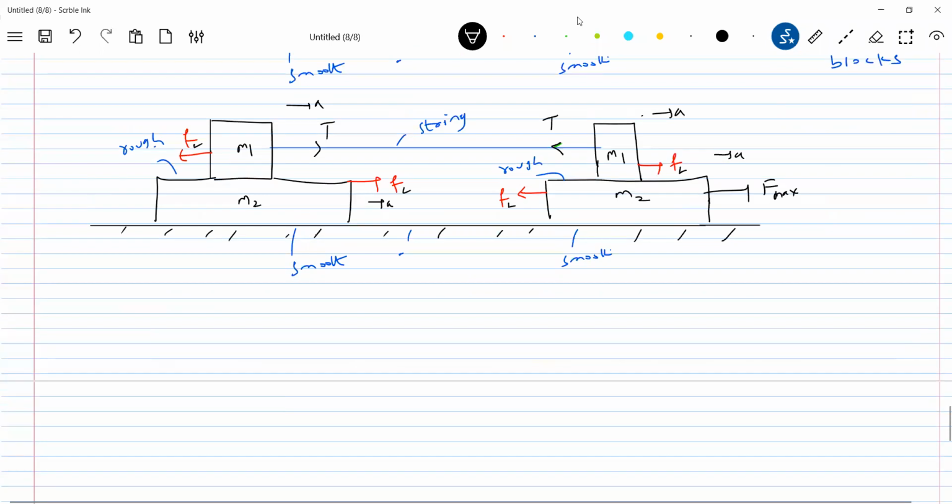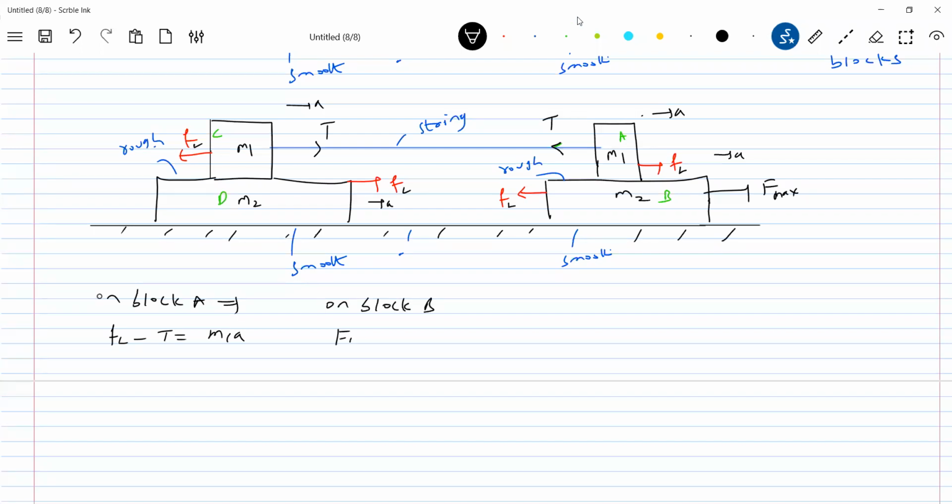So now I'll give the masses names. There's block A, block B, let this be block C, block D. On block A, what is the equation? FL minus T equal to M1A.